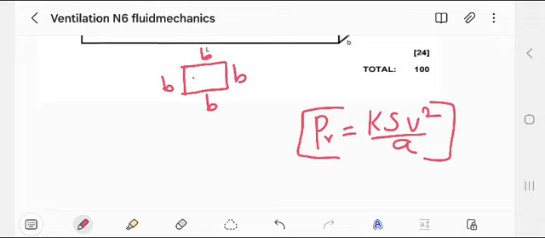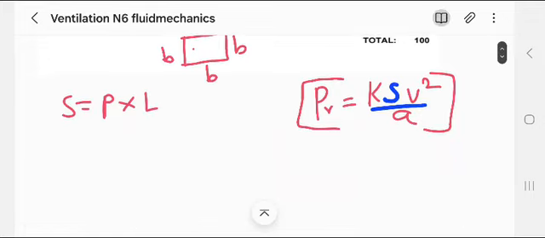So I can start by finding the rubbing surface, S. This is equal to perimeter multiplied by length. It will always be perimeter multiplied by length.